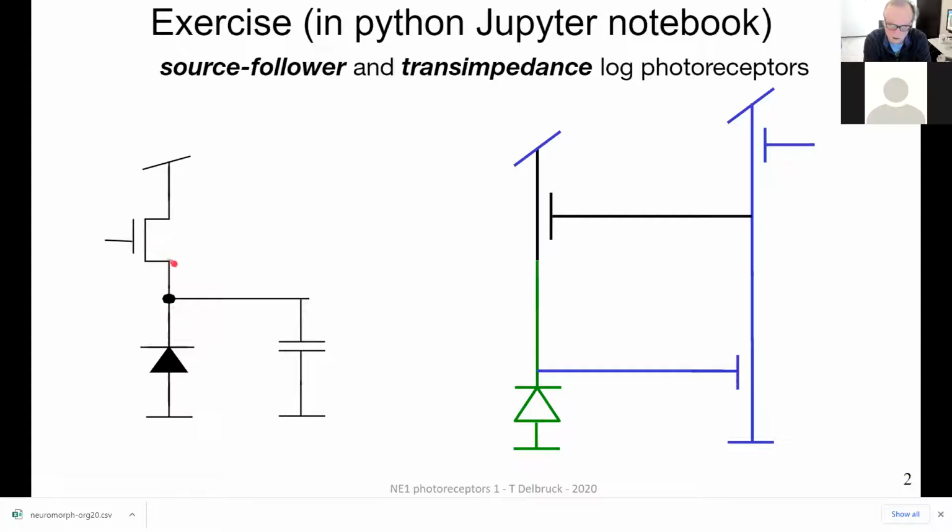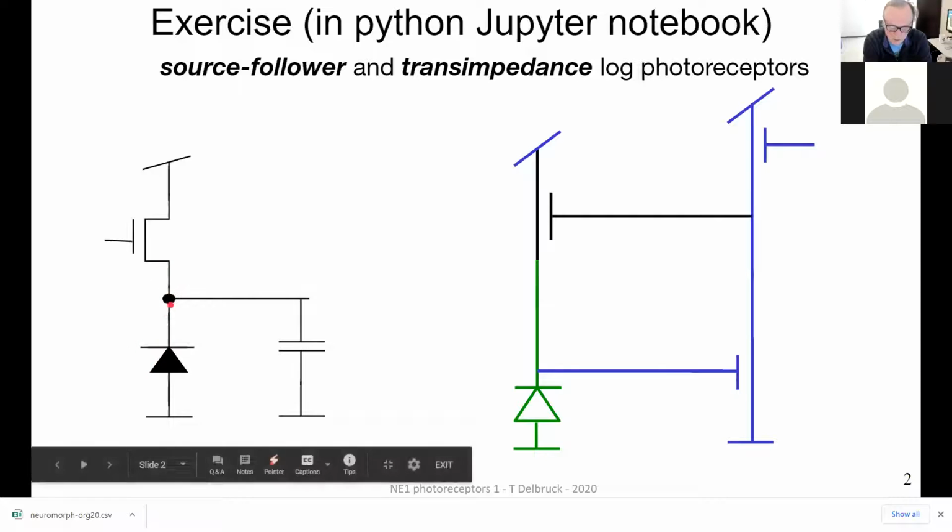Does it depend on the voltage? Yeah, definitely, because the source voltage heavily controls the current, right? Remember, it's e to the kappa (VG minus VS) over UT, and the exponential of that is the current. So the current here is exponentially dependent on the source voltage. But you can compute the effective conductance at any particular operating point.